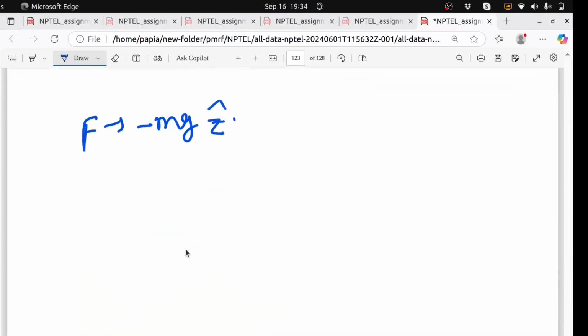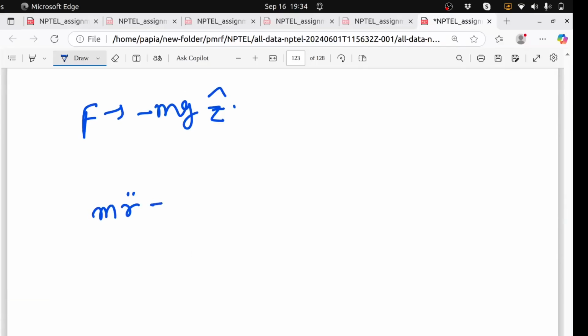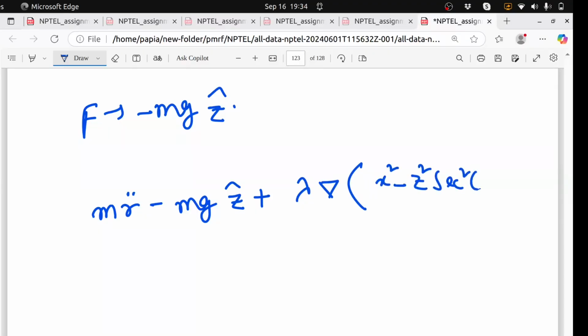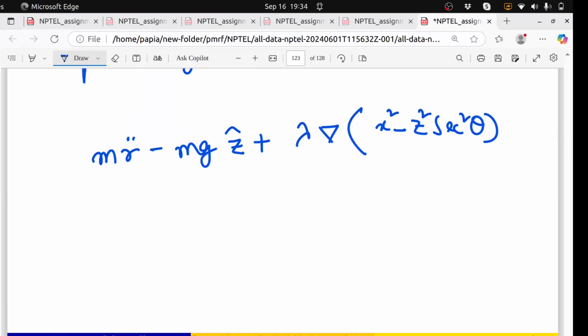So now m r double dot minus mg z cap plus lambda grad of x square minus z square tan square theta equals 0.